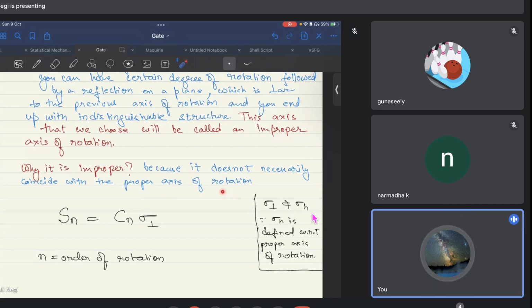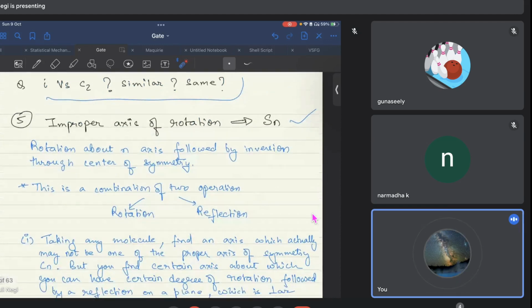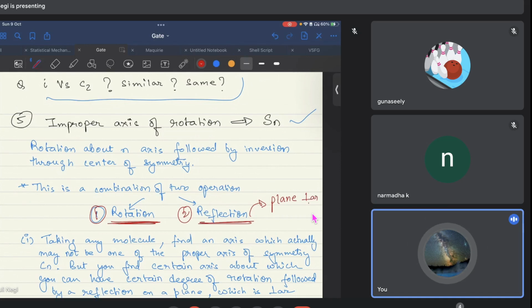But here, with the improper axis of rotation, we are doing a combination of operations: first I do the rotation, second I do reflection, and this reflection is through a plane perpendicular to the rotational axis.